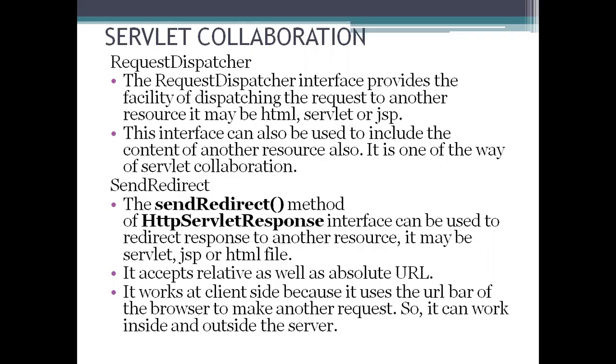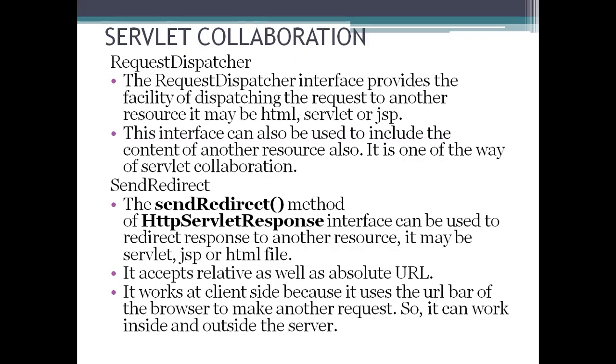By using request dispatcher, only the following two operations are possible: forwarding a client request from one servlet to another servlet using the forward method, and including the response of one servlet into another servlet using the include method. That is, the request dispatcher interface provides only two methods, the forward method and the include method.